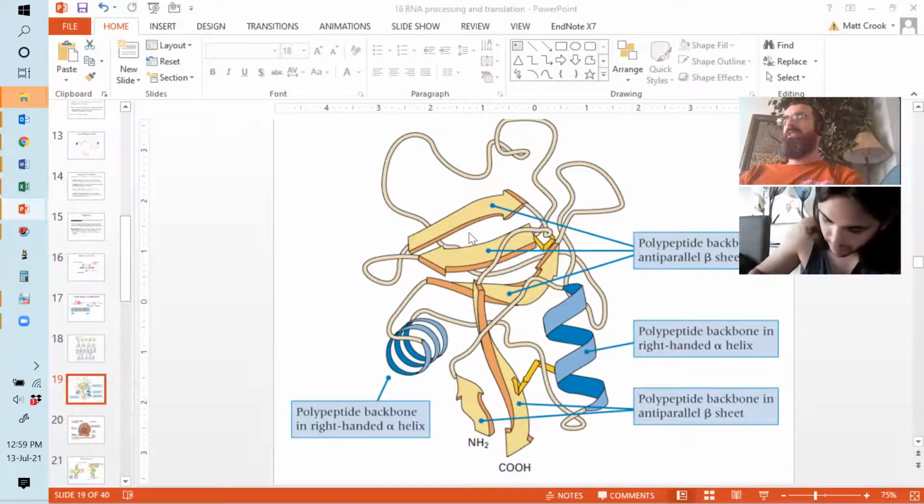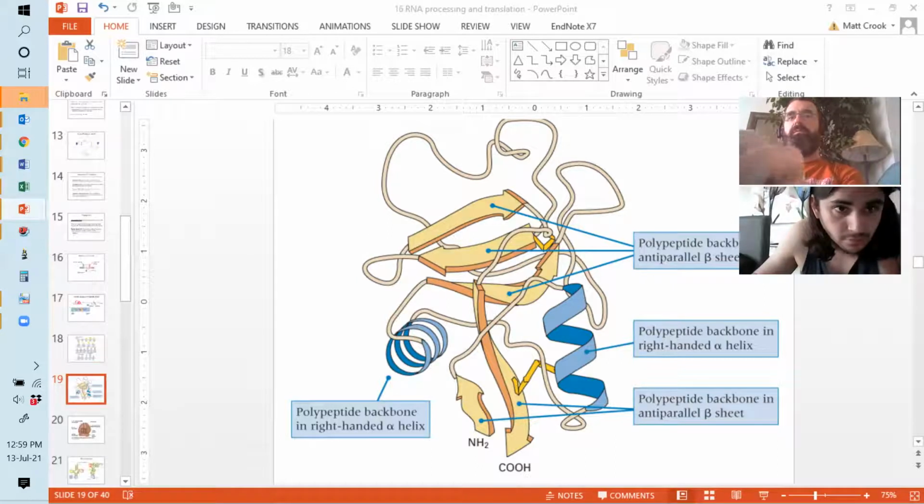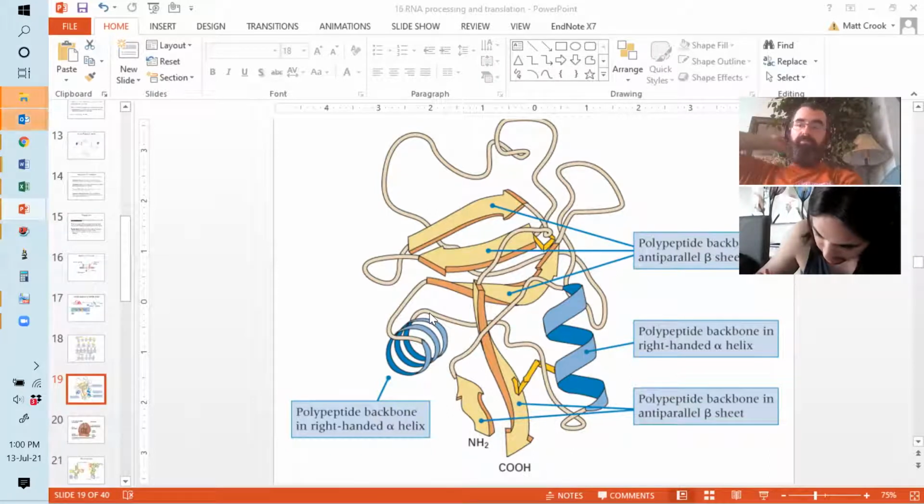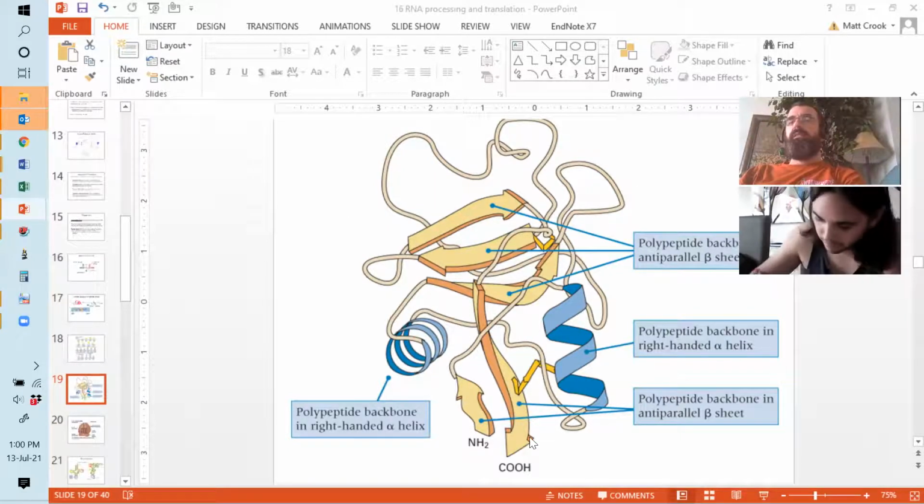These are called beta pleated sheets, or anti-parallel beta sheets, it doesn't really matter. And loops, which are the bits that allow the protein to move and fold, not just to adopt the correct conformation, but to move so they can do their job. That is now most likely a functional protein.